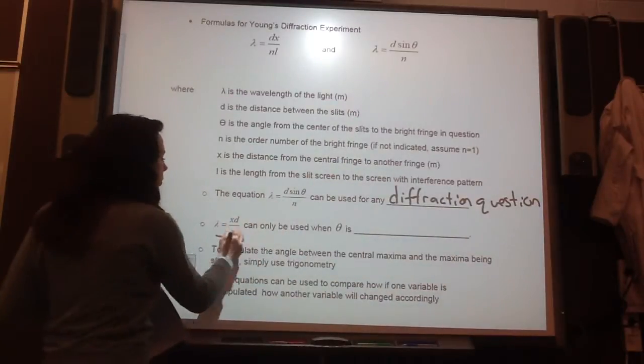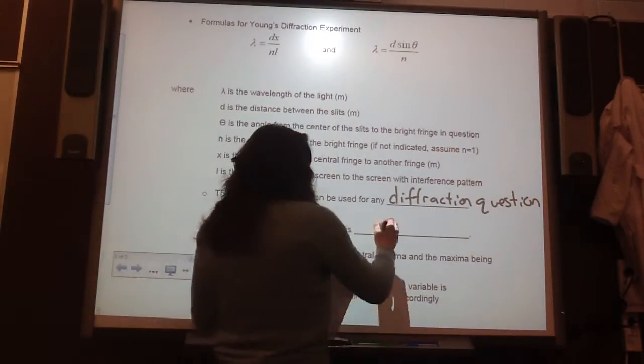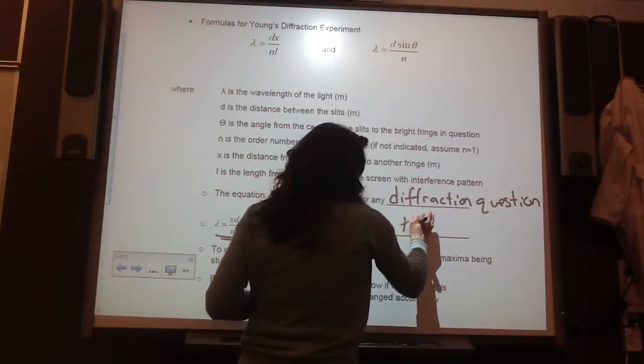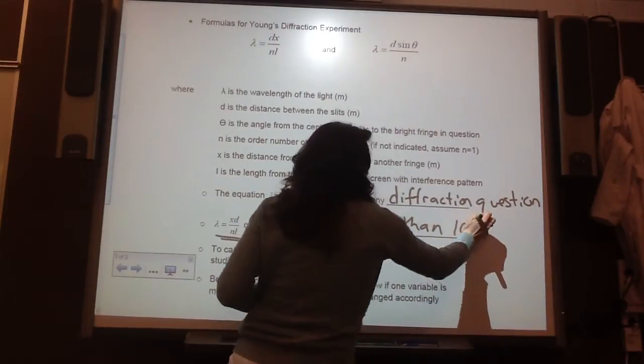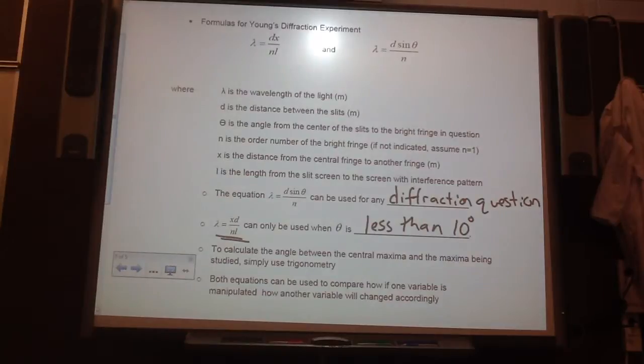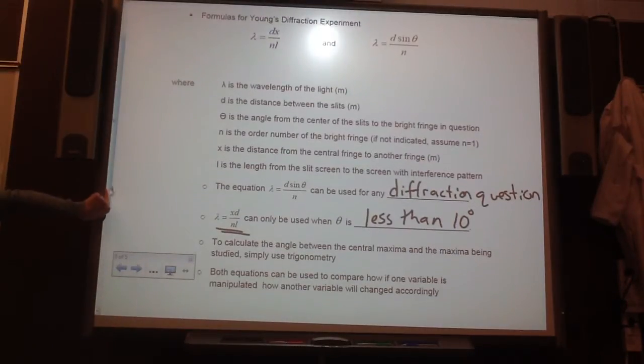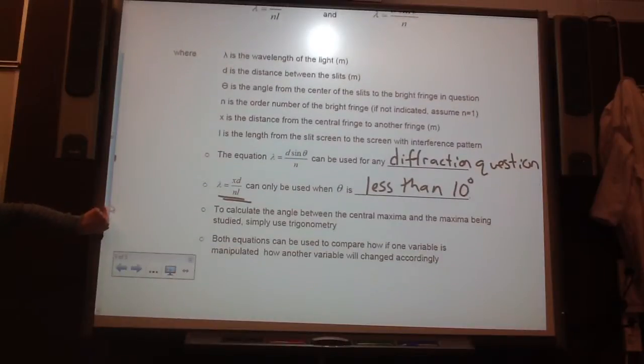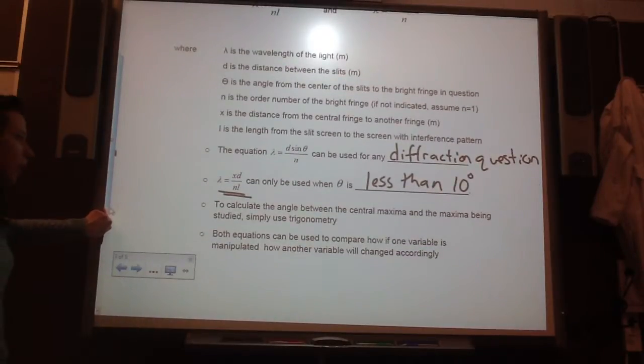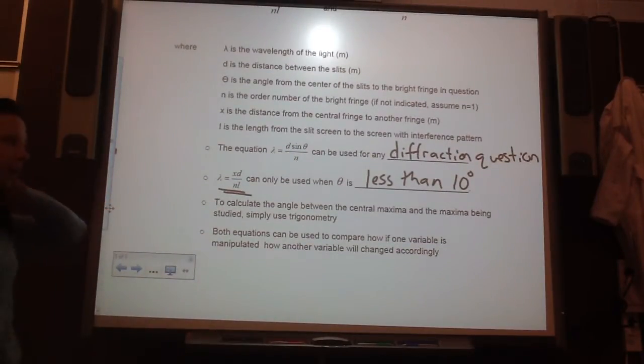But this one can only be used when theta is less than 10 degrees. To calculate the angle between the central maxima and the maxima being studied, simply use trig. Both equations can be used to compare how one variable is manipulated and how another variable will change.